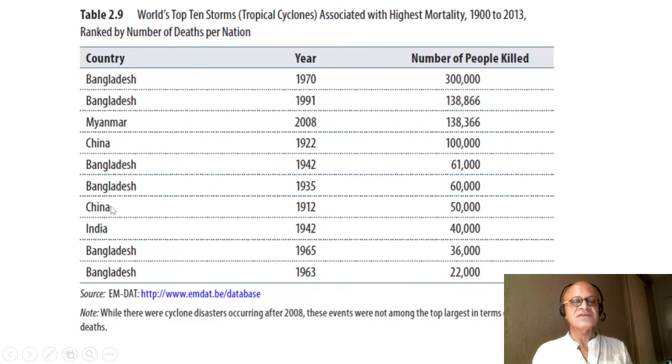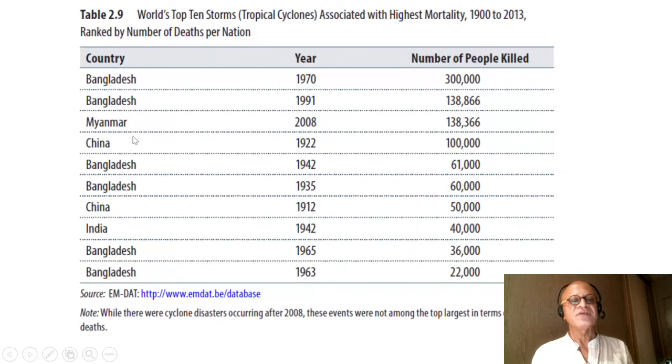But in this list, you still have the Indian Ocean Rim countries and China. So you have Bangladesh was massive, 300,000 losses in 1970, but you can see here in 1965 it was 36,000. In 1942 it was 61,000, 1935 60,000, and so on.